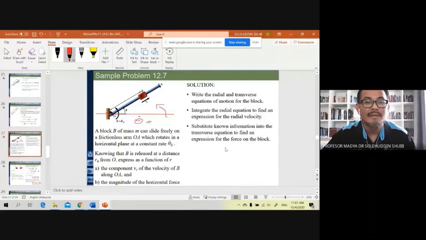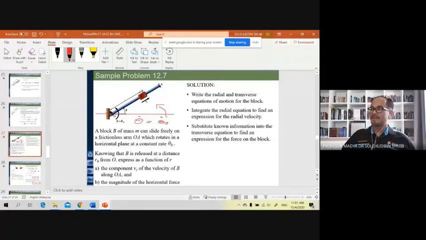So what is theta dot? Angular velocity. If theta is angular rotation, theta dot is angular velocity.